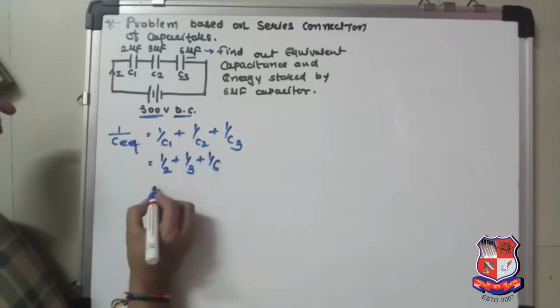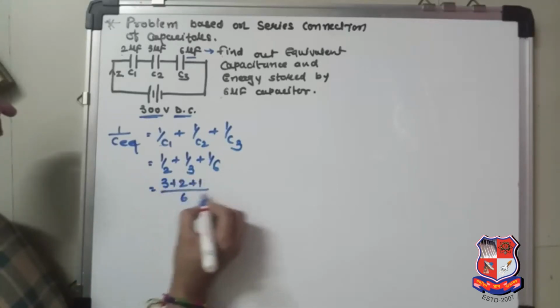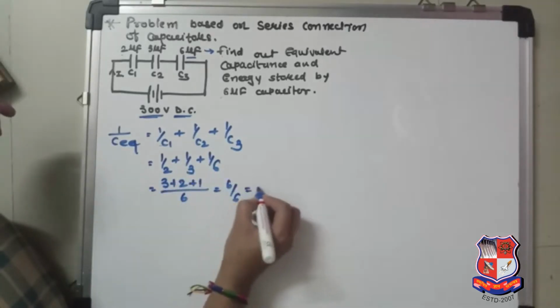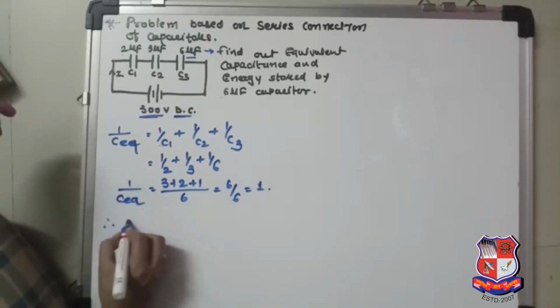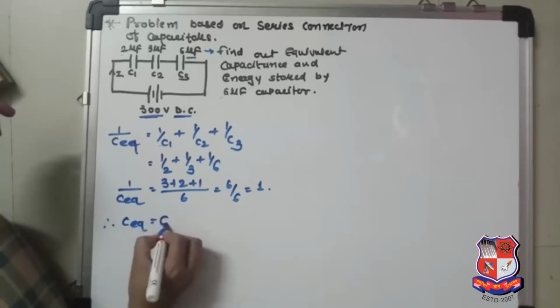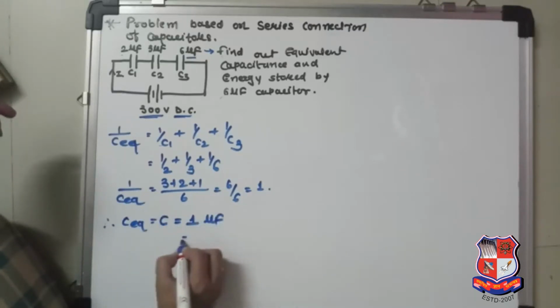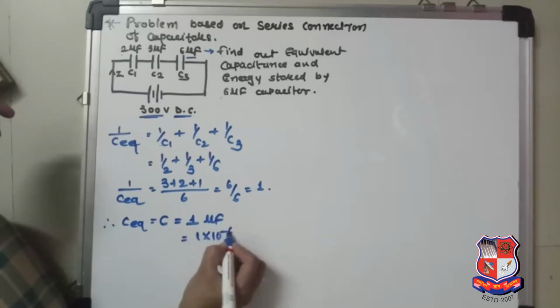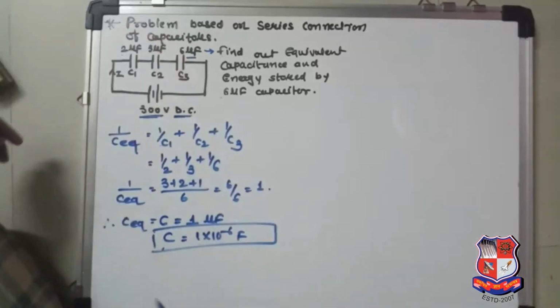Taking the LCM, we get 3 plus 2 plus 1 divided by 6. So 6 by 6 is 1. So 1 upon C equivalent is 1, so my C equivalent is 1 microfarad, that is 1 into 10 raised to minus 6 farad, the equivalent capacitance for this connection.